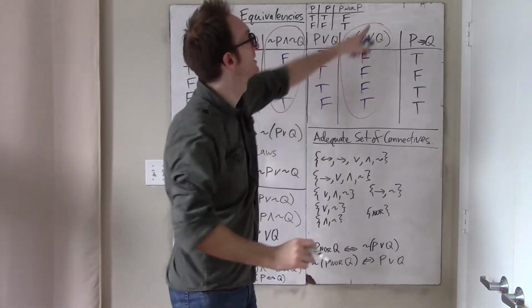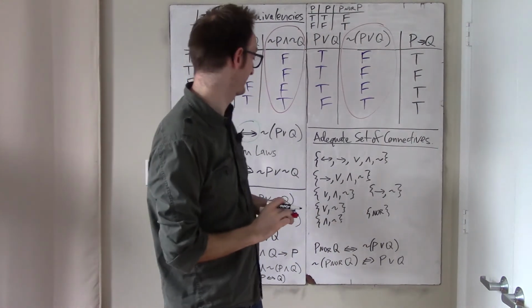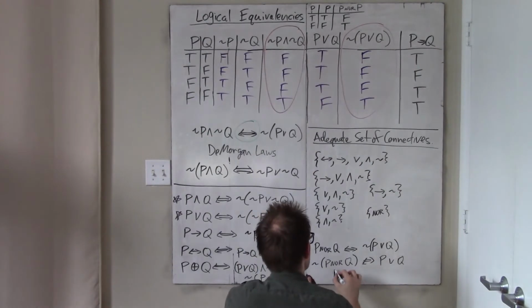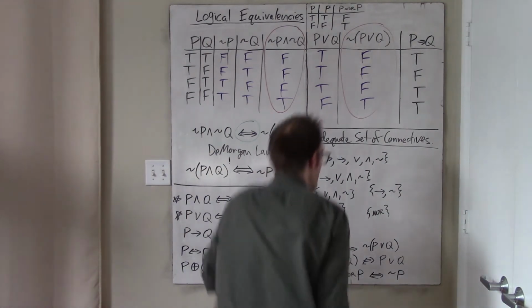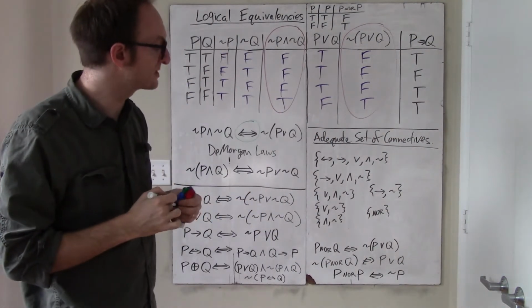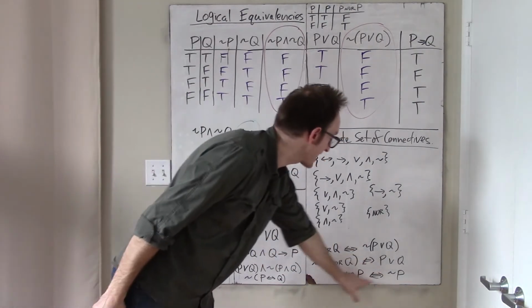And so in fact, the expression p nor p is logically equivalent to just not p. Okay, and that kind of completes the proof in a sort of way, that I can express not in terms of nor.